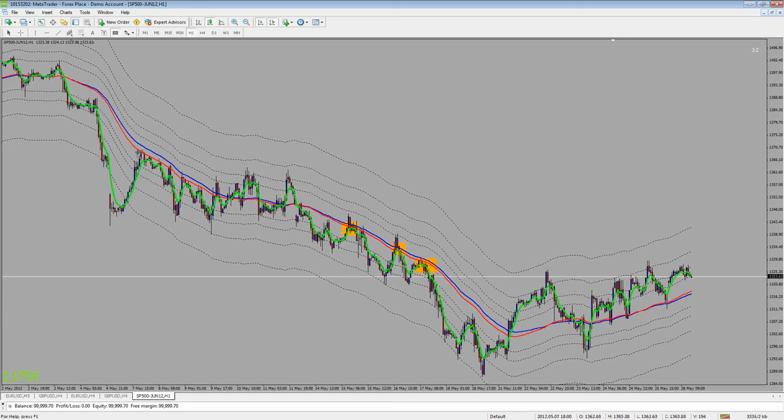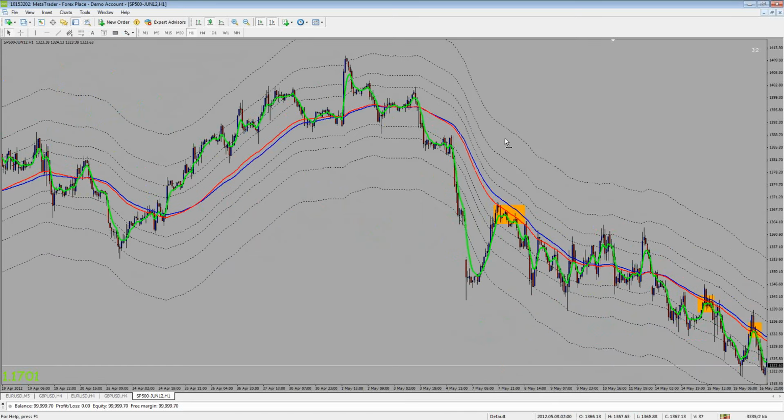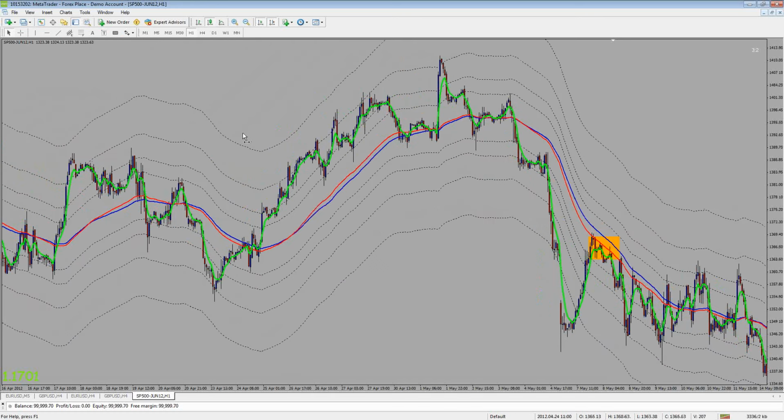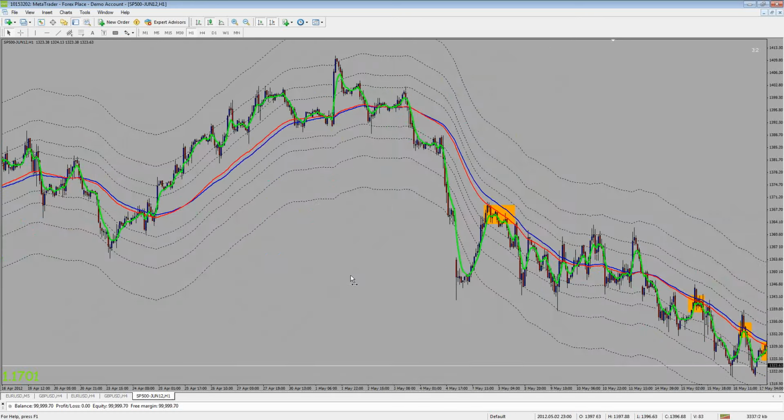So when the 5 moving average returns to this home base or to these longer moving averages, that's a place where you can look for entering with the direction of the longer moving averages.